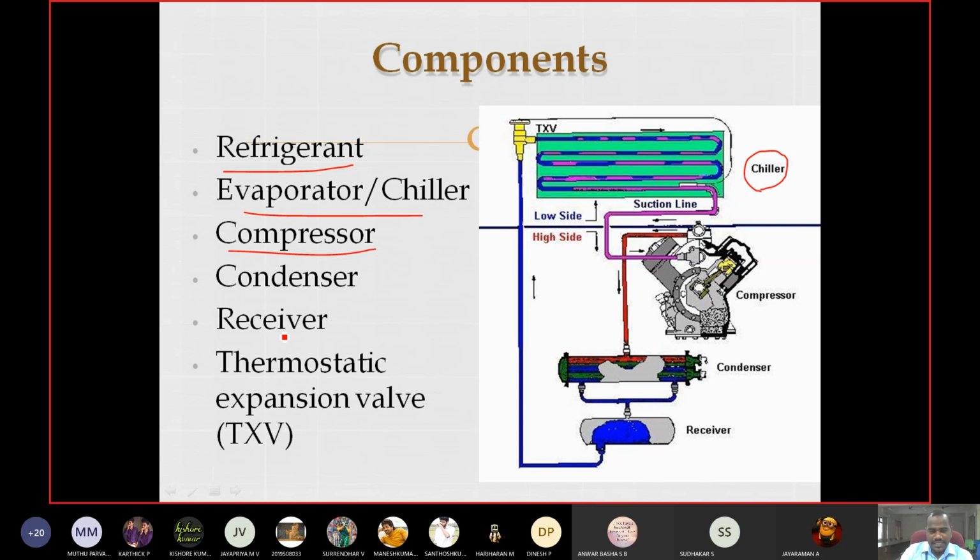Then we know what the condenser is. In some other cases a receiver may be attached. Then this expansion valve is our expansion device, that will be our thermostatic expansion valve, right? So we have all the components: compressor, condenser, evaporator, and expansion device. These are the components of our vapor compression refrigeration system.